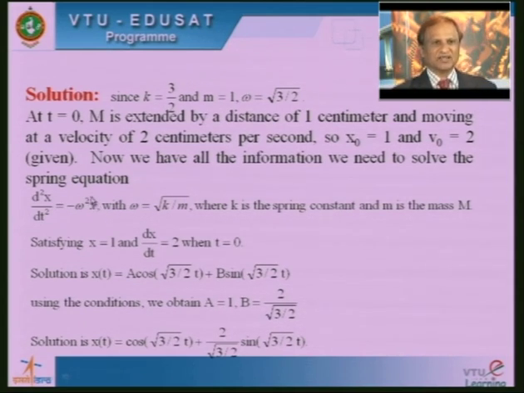As usual, you can find the symbolic form of the equation. Simply replace d by dt with capital D. It can be written as D square plus omega square into x equals 0, taking x common.